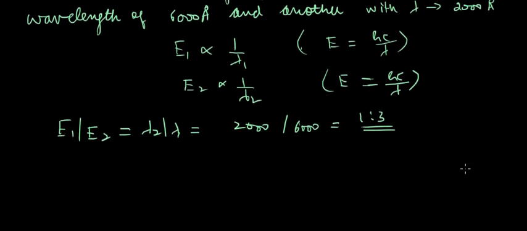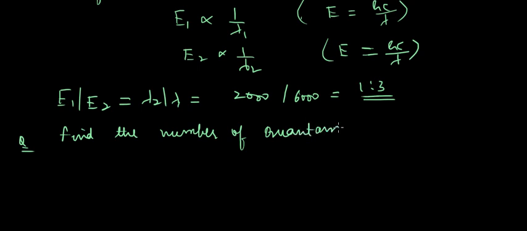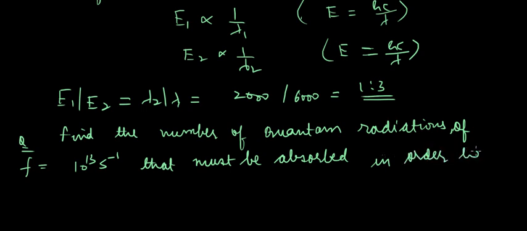Now the next question is: find the number of quantum radiations of frequency 10 raised to power 13 second inverse that must be absorbed in order to melt 6.626 grams of ice.